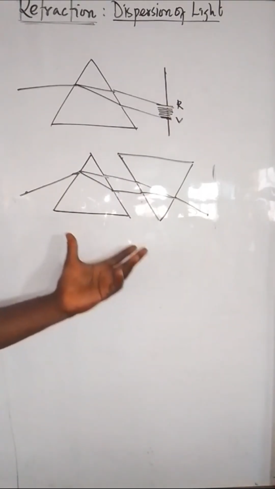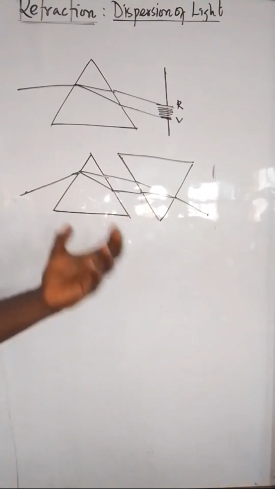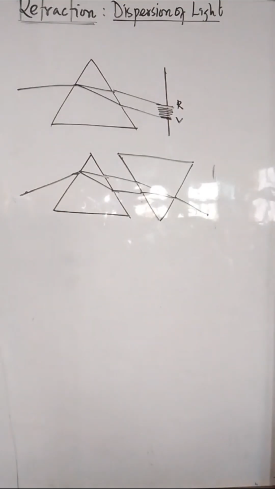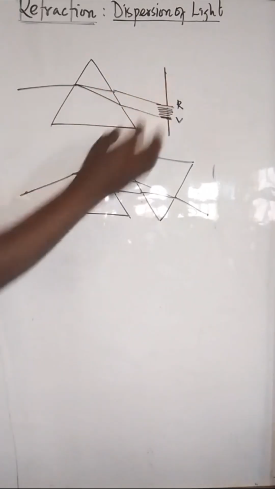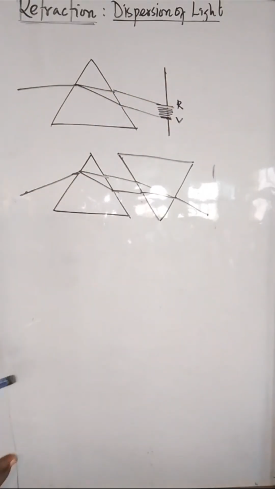So from here, it is observed that white light contains all the colors of the spectrum. And when the distance between them is widened, using converging lenses before and after dispersion, we form what we call a pure spectrum.